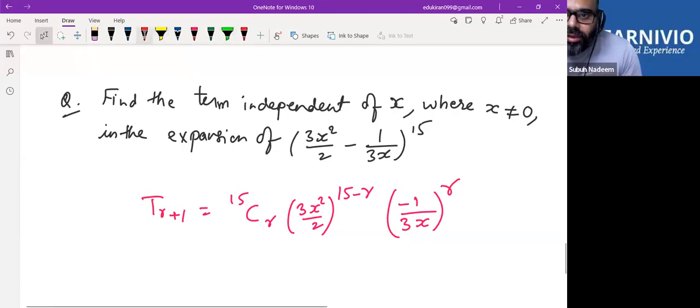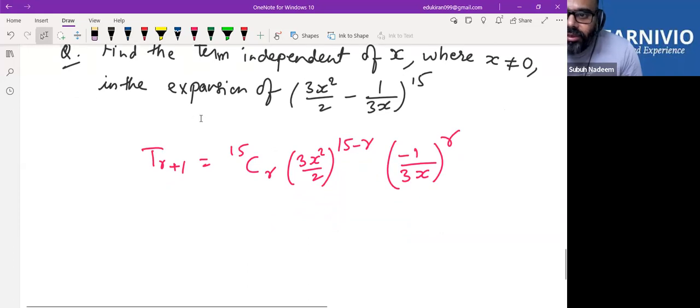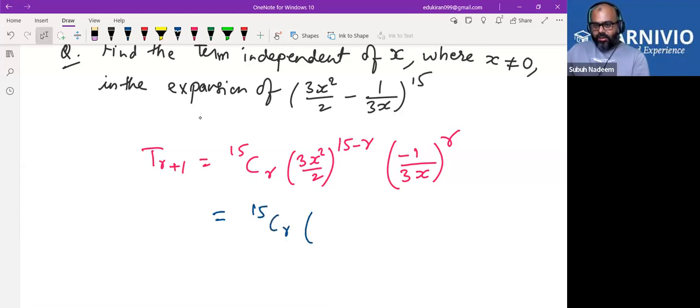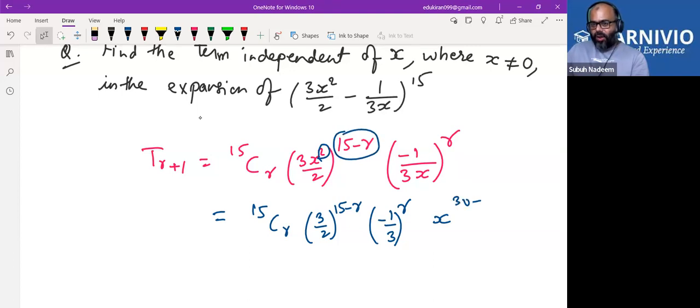Now we have 15C r, 3 by 2 to the power 15 minus r, minus 1 by 3 to the power r, and x to the power 2 times 15 minus r, that is 30 minus 2r. And then we have this x to the power r, so it will be minus r.